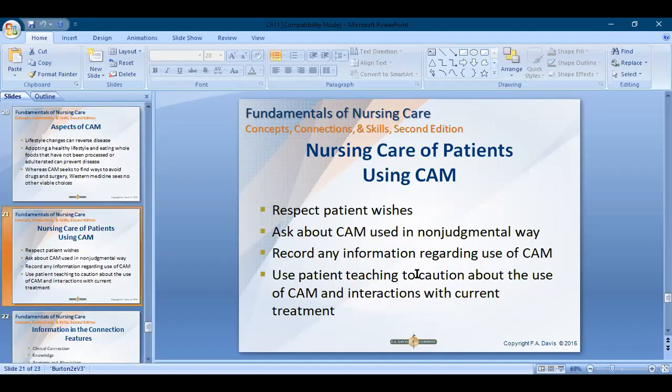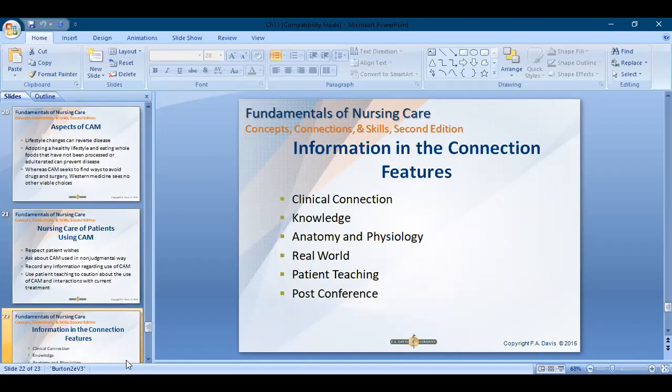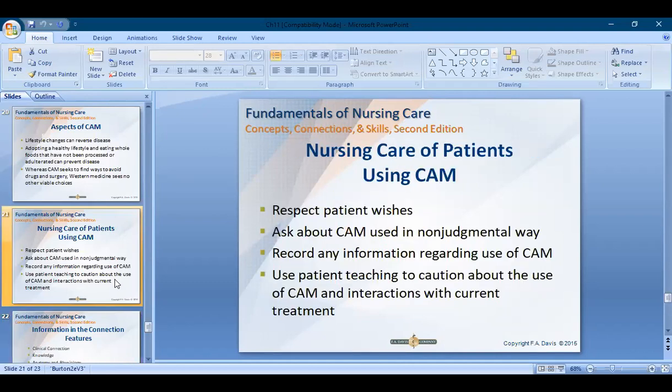Use patient teaching about these medications, good effects and bad effects. Especially this type has good and bad effects together. But as a healthcare provider, you have to tell your patient what is good and what is bad. Then actually, up to this is the basic lecture for today.